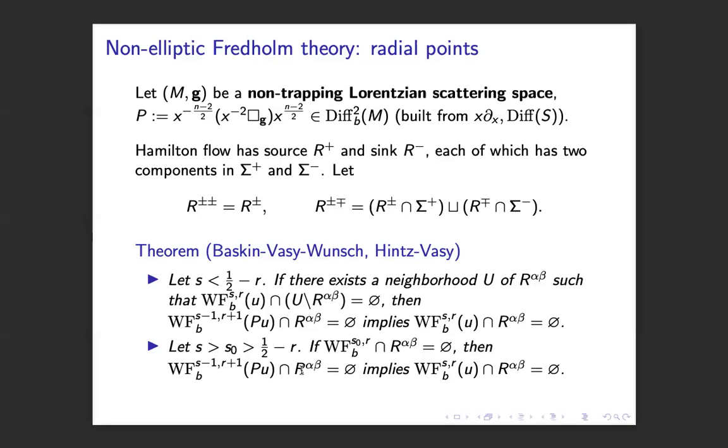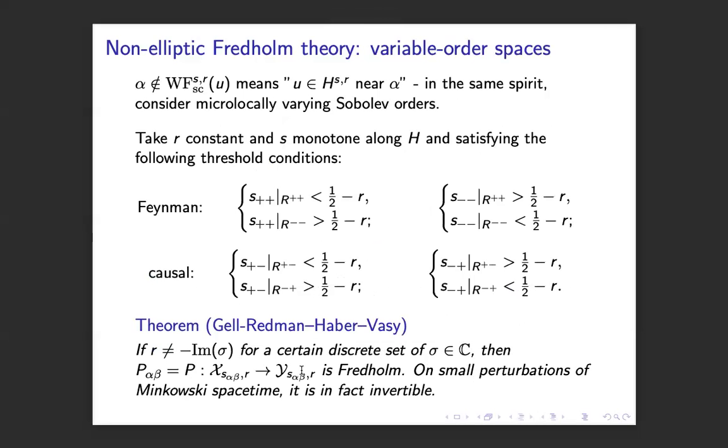For them, at least when it's close enough to Minkowski, you can say that the wave operator is invertible between certain function spaces called the weighted Sobolev spaces. It has two orders, which basically say how smooth your function is and how fast it decays.